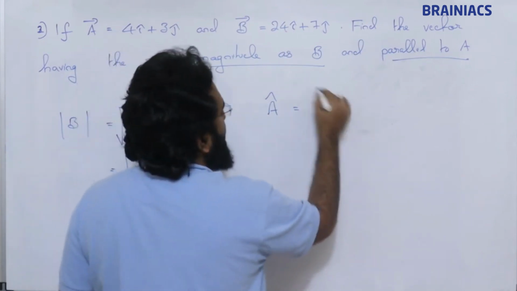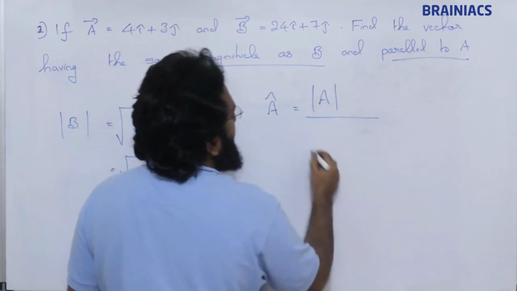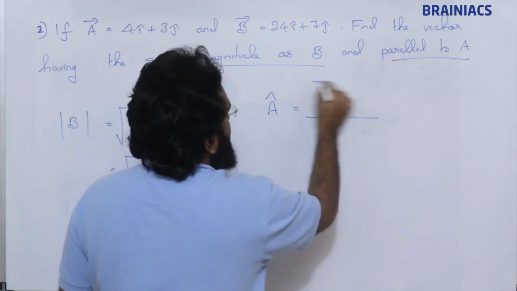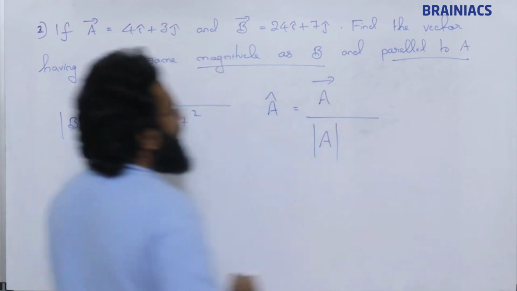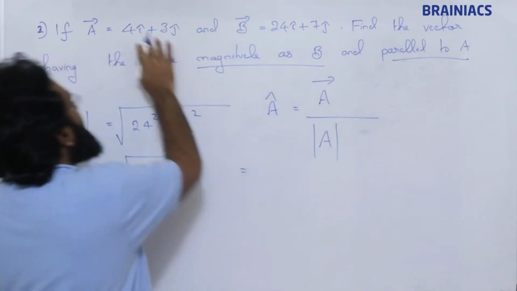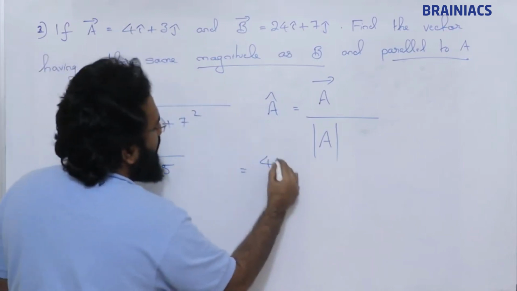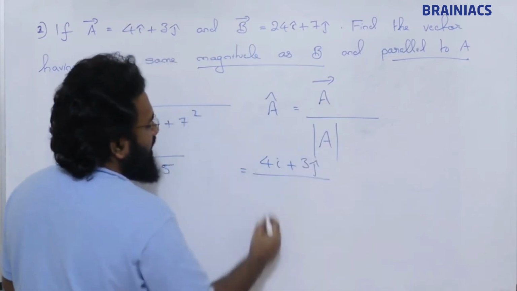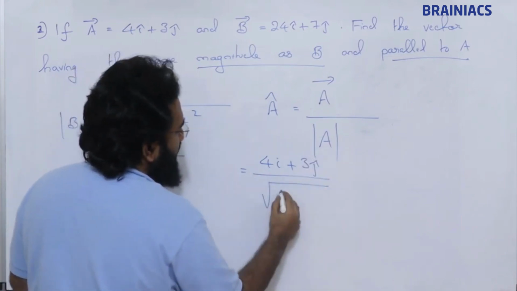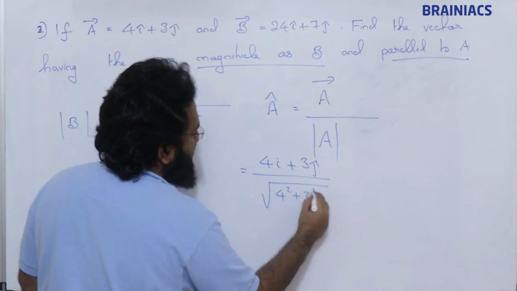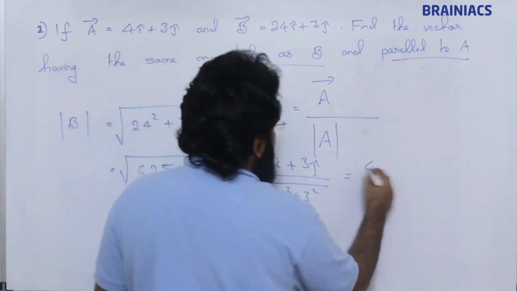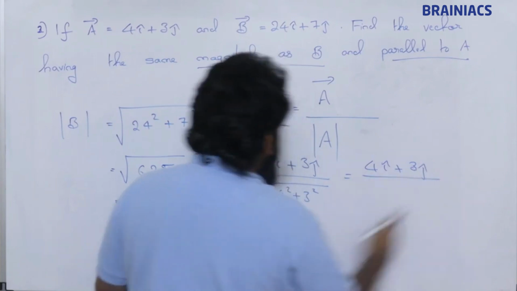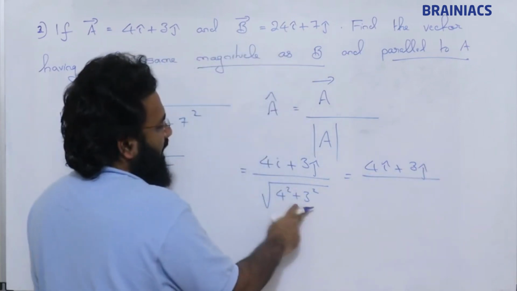A cap is nothing but vector A divided by magnitude of A. So what is vector A? 4i plus 3j divided by the magnitude of A, which is root of 4 square plus 3 square. So this is equal to 4i plus 3j divided by root of 16 plus 9, which is root 25.